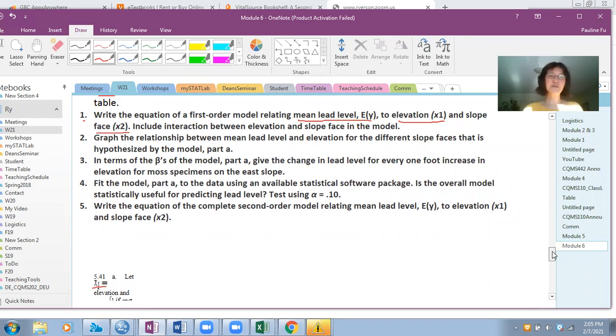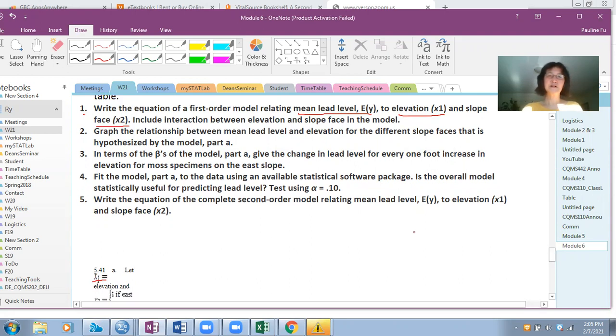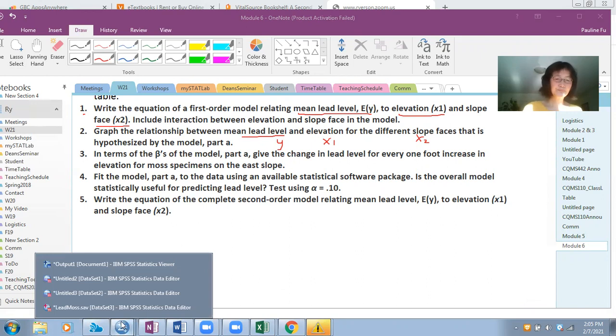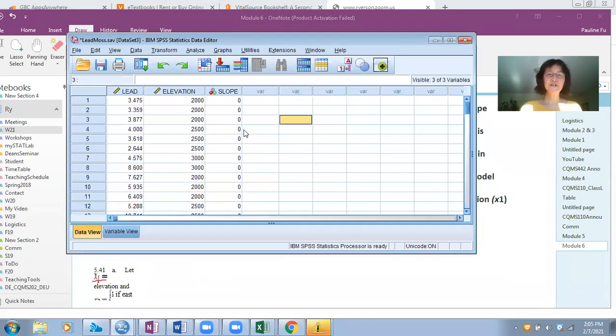Question 2, graph the relationship between mean lead level, meaning between y and the elevation. Elevation is x1, and different slope, that is x2. Okay. So I'm going to use SPSS to do the graph. Okay. So first I will pull out, oops. So this is the data.